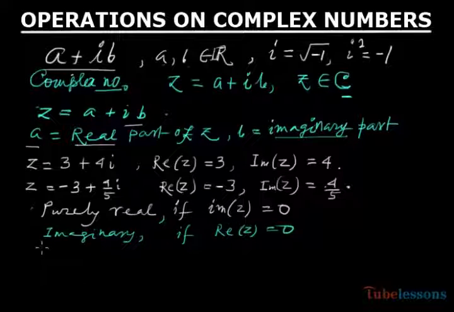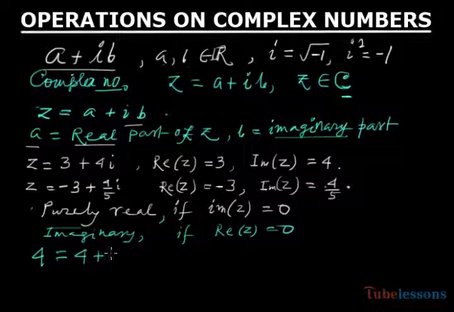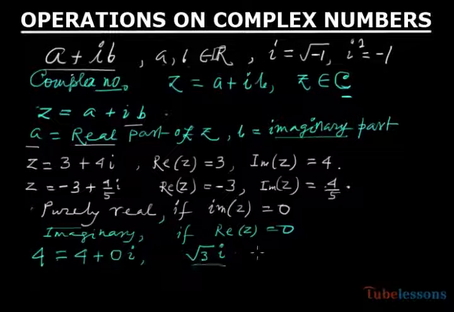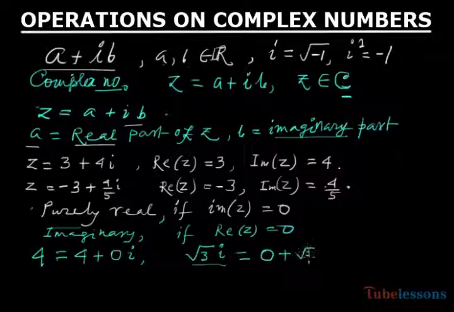So 4 is purely real, but it is considered a real number. Now 4 is also a complex number, so 4 can be written in the standard form 4 plus 0i. Similarly, root 3 i is purely imaginary and we can write it in standard form 0 plus root 3 i.